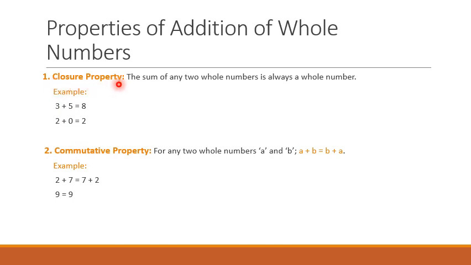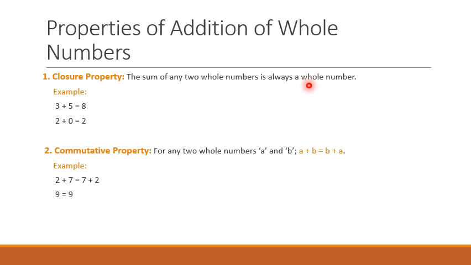The closure property states that the sum of any two whole numbers is always a whole number. What does it mean? If we add any two whole numbers, then the answer is also going to be a whole number only.